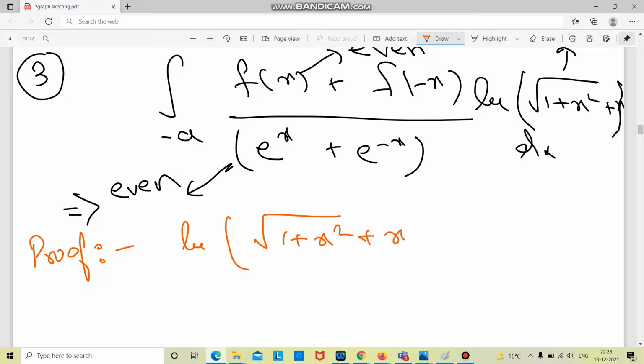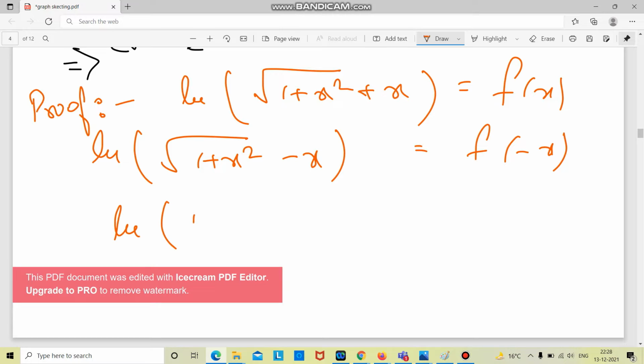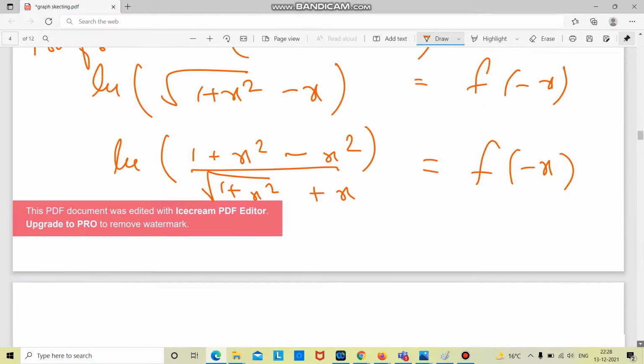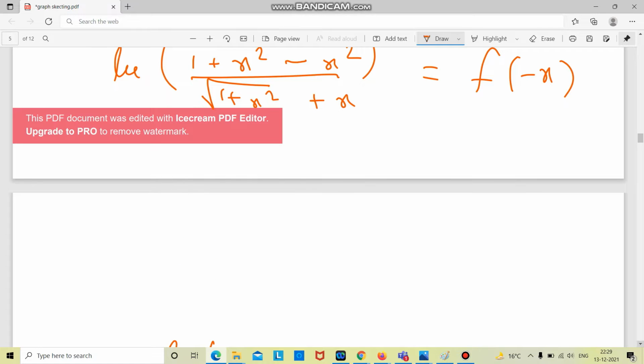ln of (under root 1 plus x square plus x), this is f(x). We will calculate f of minus x, which is ln of (under root 1 plus x square minus x). We will rationalize it: ln of (1 plus x square minus x square) divided by (under root 1 plus x square plus x). This is f of minus x. Now we will proceed further and we will get ln of 1 by (under root 1 plus x square plus x).